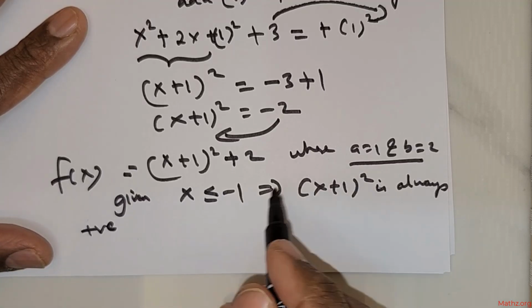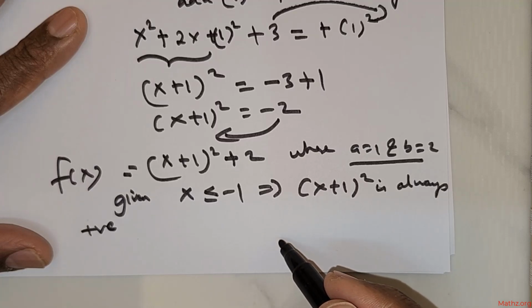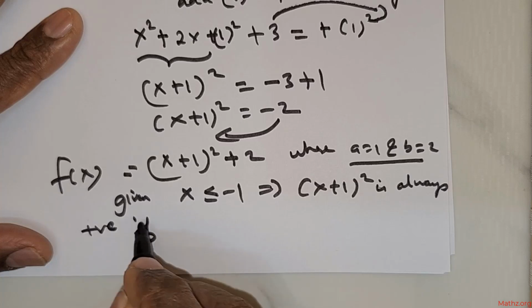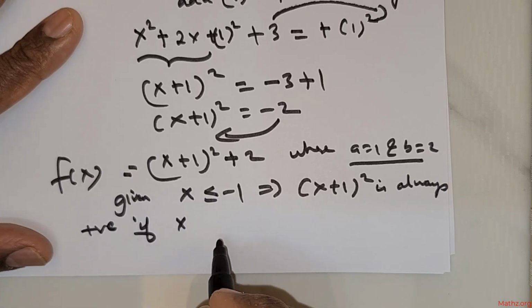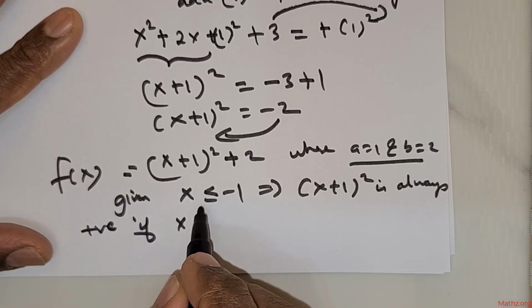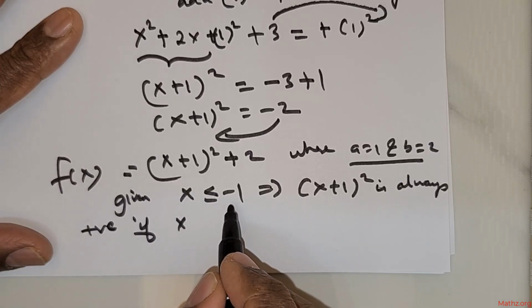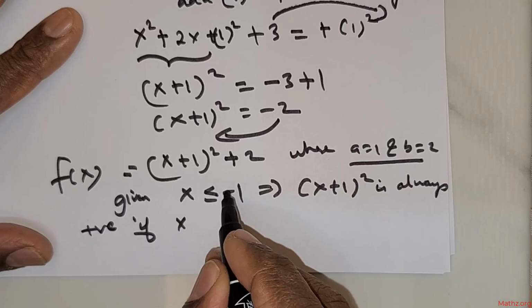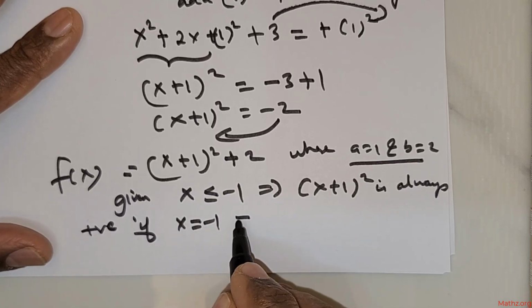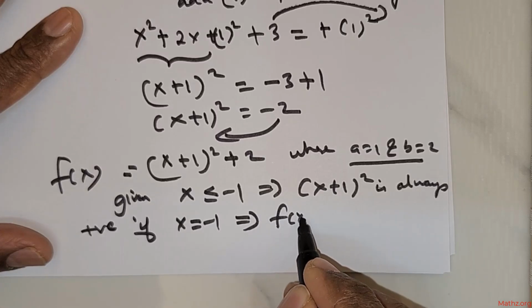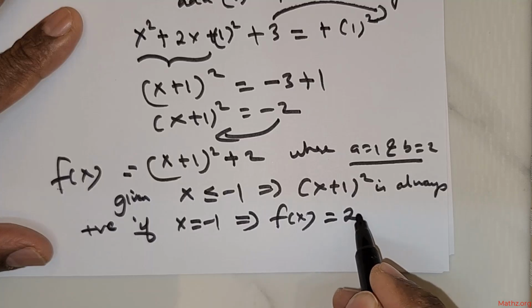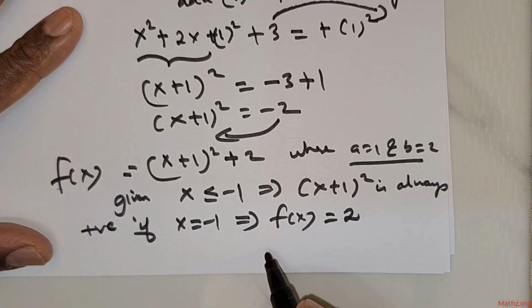Now since this is always positive, that would mean if my x is say the least value, in this case x is less than or equal to -1, right? So the least value that is possible is x is equal to -1. So if I take x is equal to -1, this means the smallest possible value that f of x takes is 2.